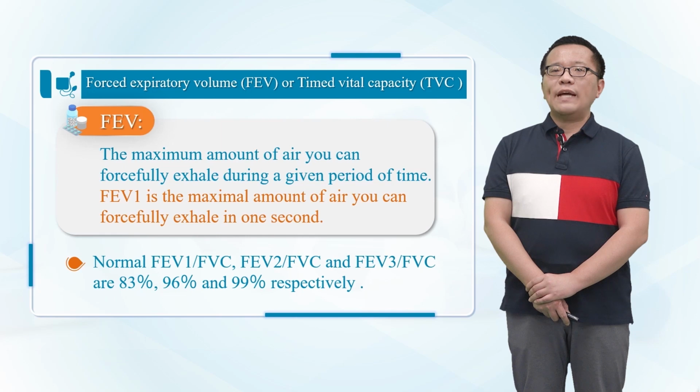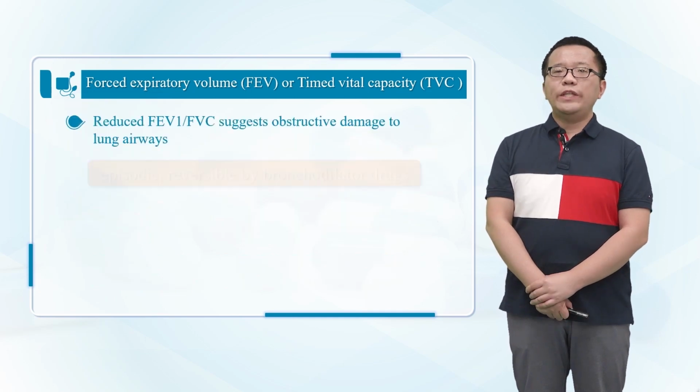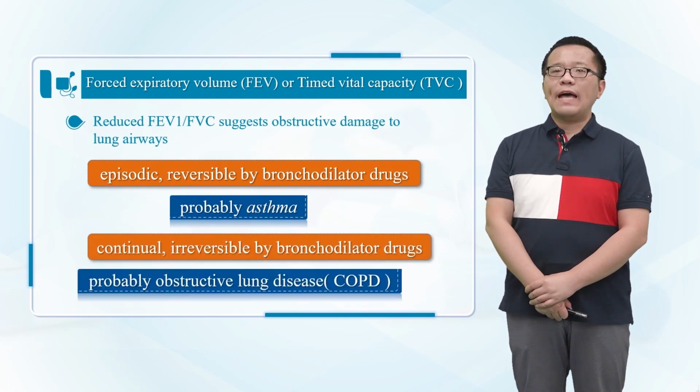FEV3 is the maximum amount of air you can forcefully exhale in 3 seconds. The ratio of normal FEV1 to FVC is 83%. FEV2 to FVC is 96%, and FEV3 to FVC is 99%.